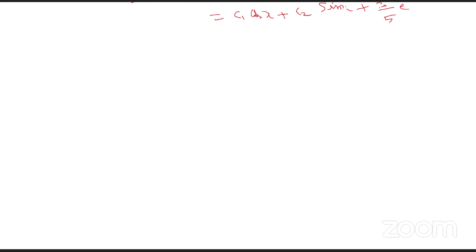So next, type 3. We don't have time, that's why I'm giving page numbers. Most important for 10 marks questions. The variation of parameter method is also a compulsory 10 marks question.